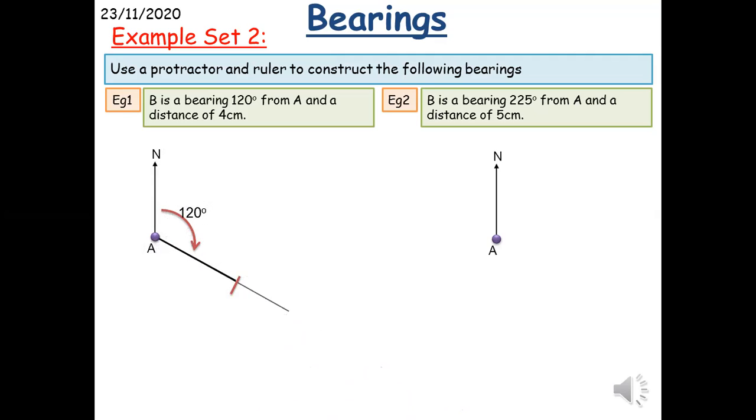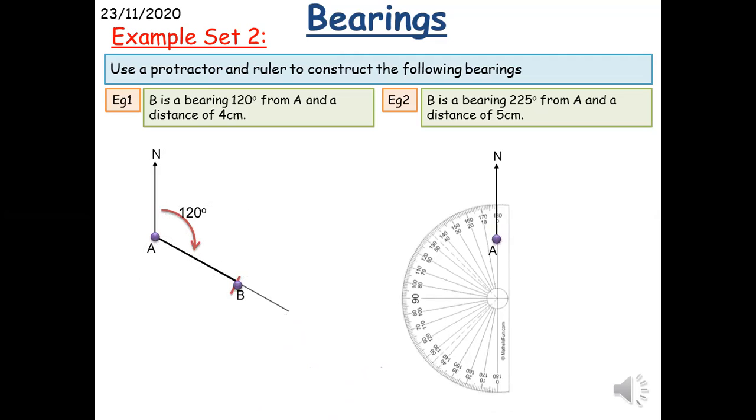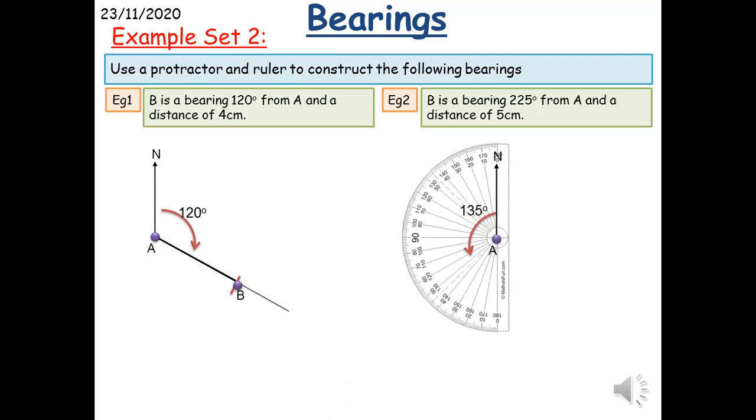Okay, let's try again. B is on a bearing of 225 degrees. We see any angle more than 180, we will do the trick of 360 minus this angle. So 360 minus 225, that is 135.